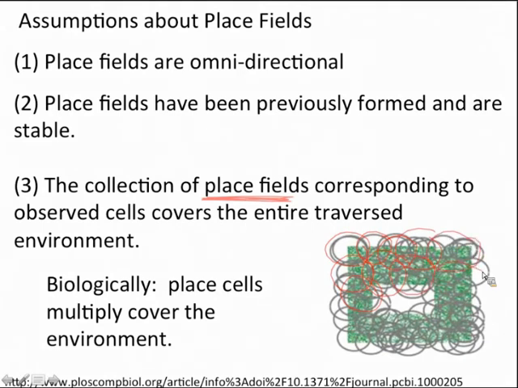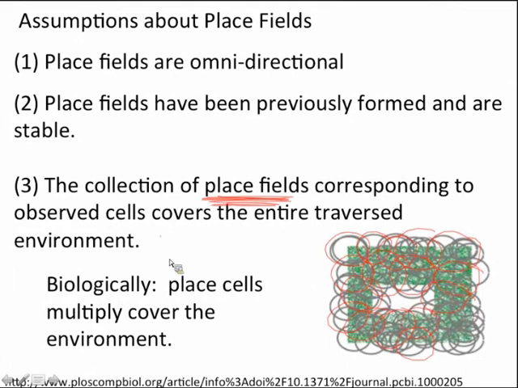But if these are my place cells and for some reason I don't cover this region here with place cells, we have to have place cells that will correspond to this region here. Otherwise, you don't get spike train data corresponding to this region. And so you do have to have sufficient place fields to cover the entire region.